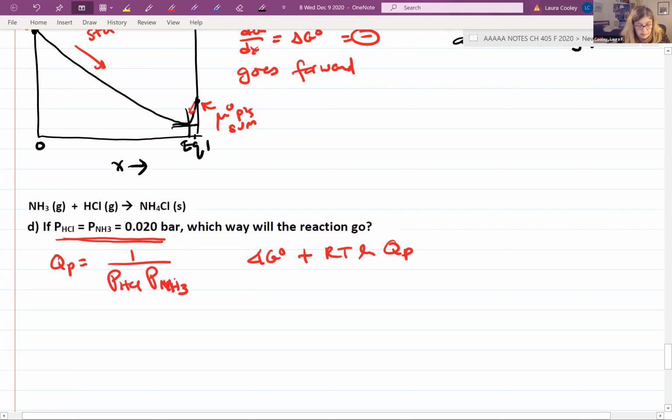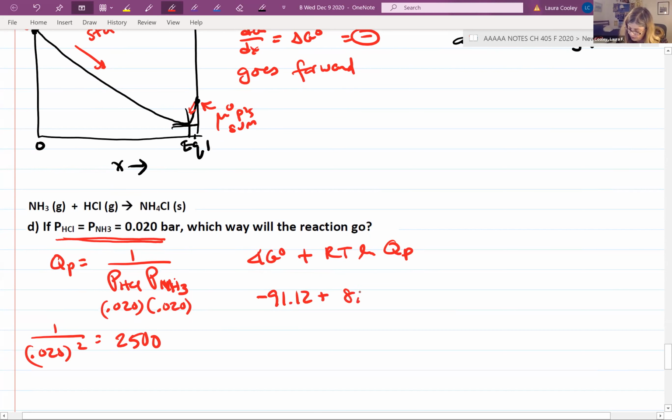This is 1 over 0.020 squared, which is 2,500. So the delta G0 was minus 91.12 plus RT, with T 298, times log of 2,500, which is positive. So this is plus 19.38.